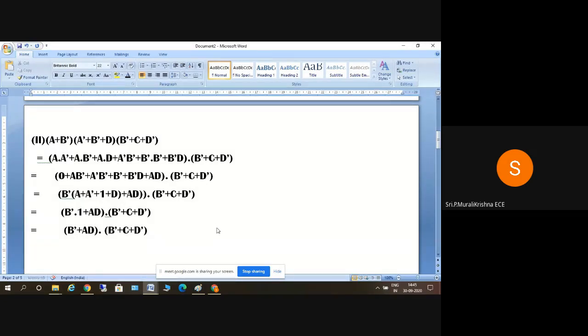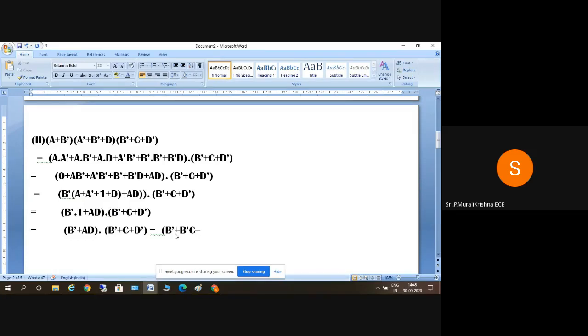If I multiply this, what I'll get here: b bar into b bar is b bar, plus b bar c. I'm just using arbitrary letters here, you can use any of the letters, it's not case sensitive.